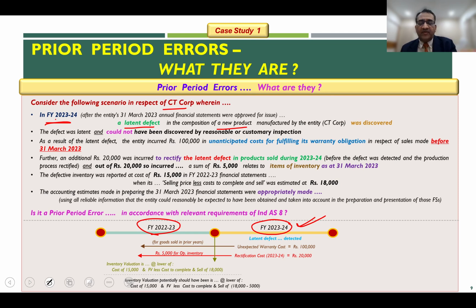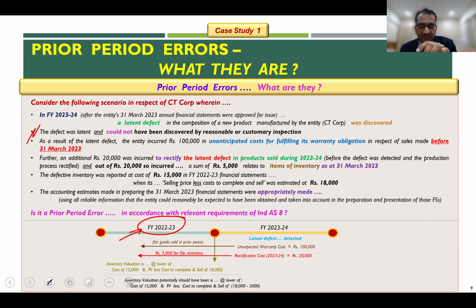Latent means something which could not have been discovered by reasonable and customary inspection. That means the error was there in this particular period itself, but it was latent and could not have been potentially discovered by applying reasonableness or customary inspection.